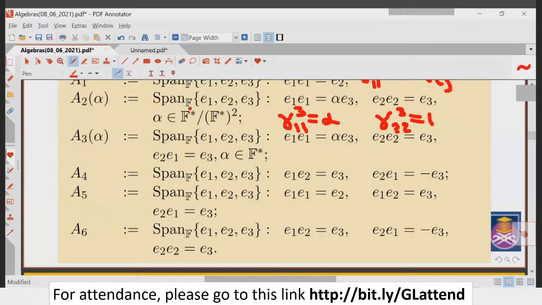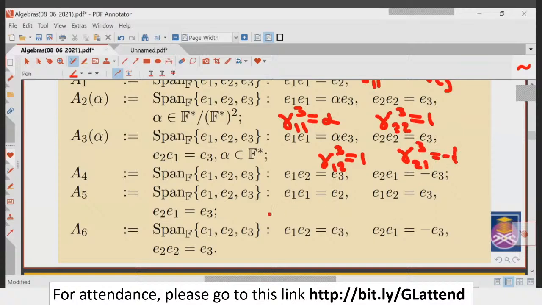By the way, star means a non-zero element of the field F. Here, gamma 123 is 1, gamma 213 is minus 1. This is interesting. The rest are 0 here.